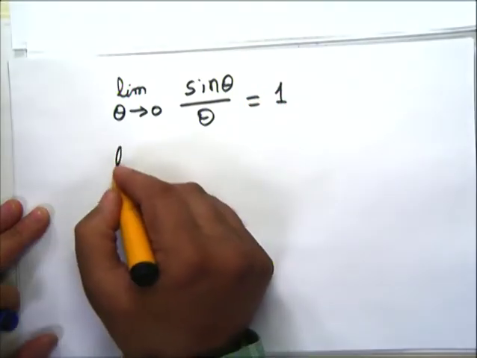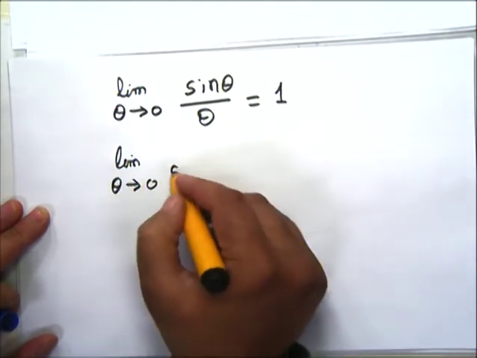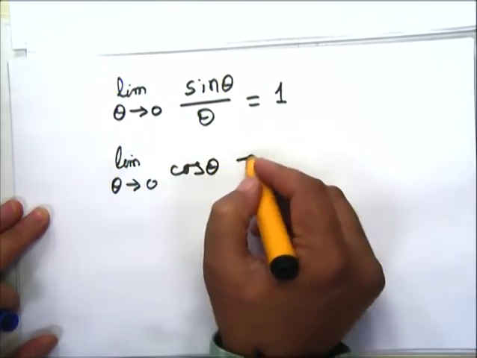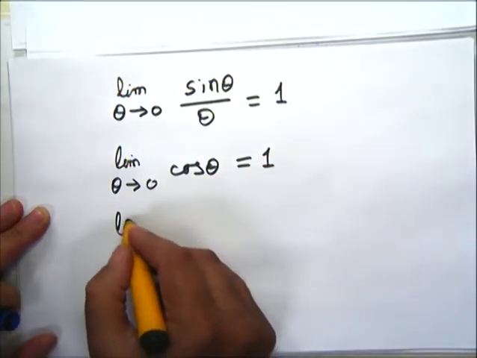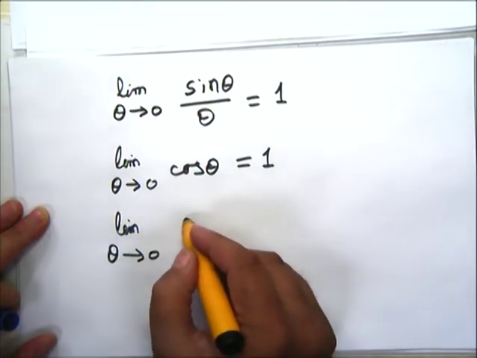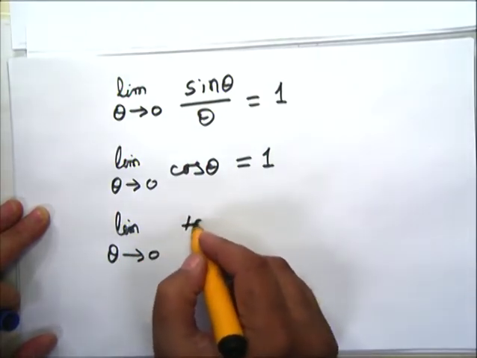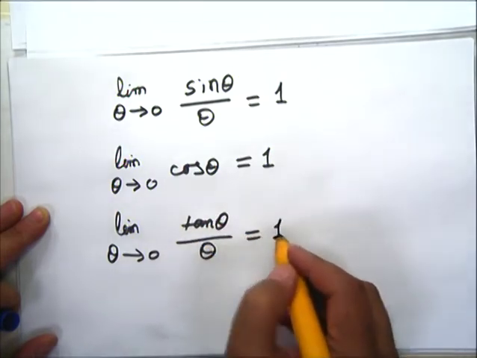Another conclusion, limit theta tends to 0 cos theta is equal to 1, and limit theta tends to 0 tan theta upon theta is equal to 1.